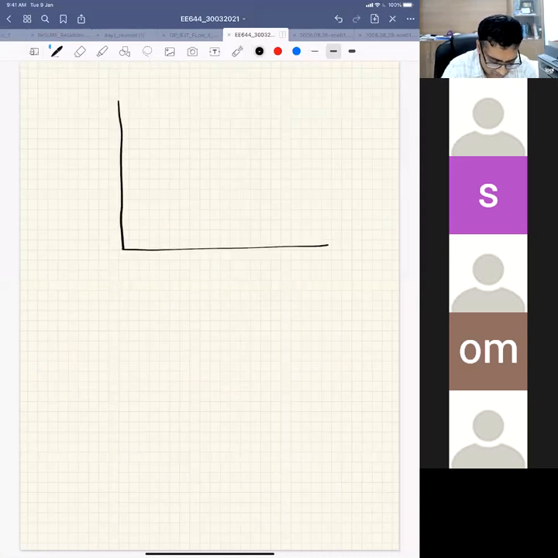If you plot your surface potential as a function of gate voltage, let's say this region is depletion. In the depletion, your surface potential will increase, but the moment it inverts, your surface potential will saturate, right?